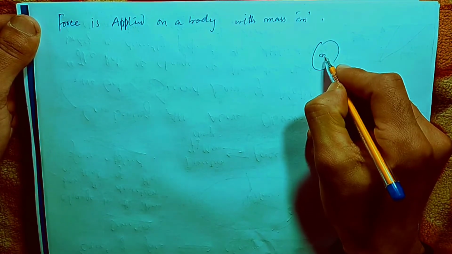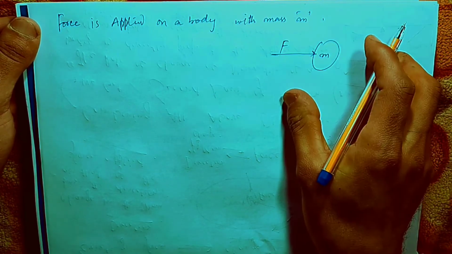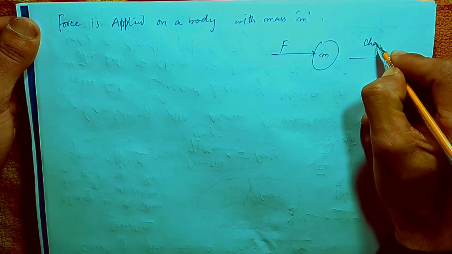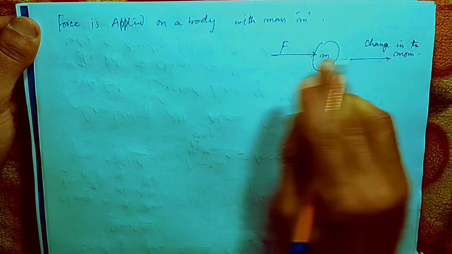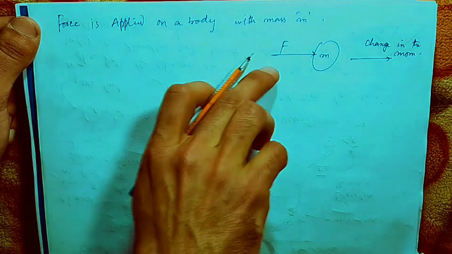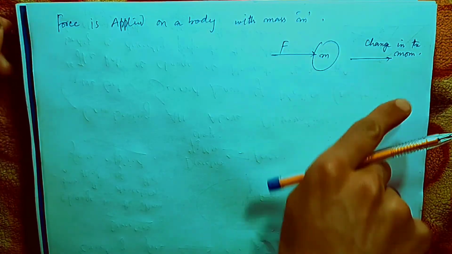Suppose this is the body with mass m and force is applied onto it. There will be a change in the momentum. And the direction of the change in the momentum will be the same as the direction of the force. Here in this case it will be along this axis.